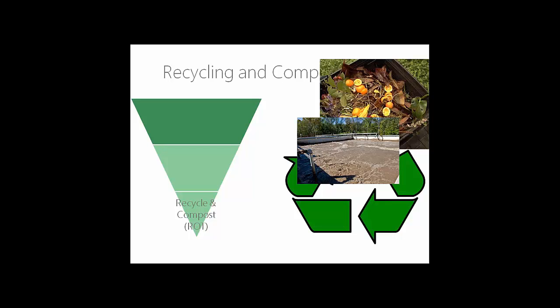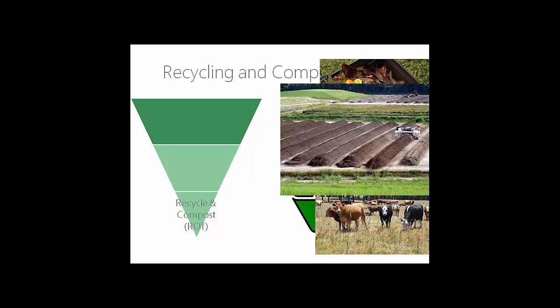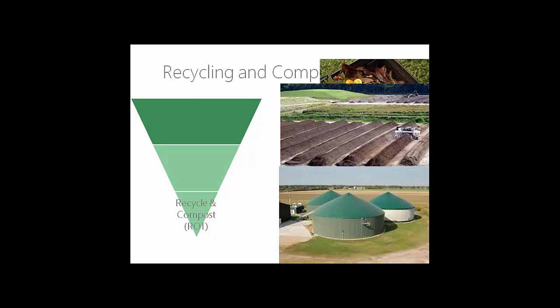They can also be crop residue, sewage sludge, animal waste. So all of this would be considered organic, and the ways we can process them are through a number of different ways, from as minimal as just shredding and mulching them. We can compost them. We can process them in digesters or in windrows like this for composting. So there's a lot of different ways that we process our organics.